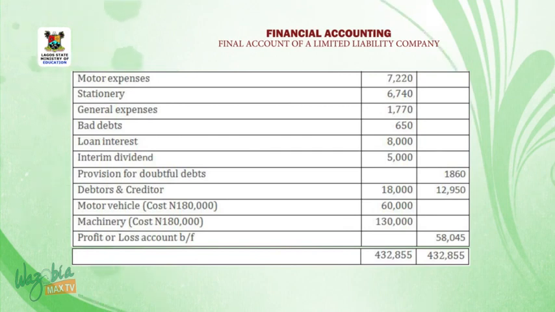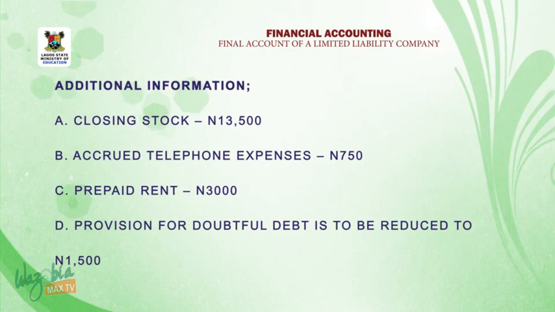You take it to the credit column. Add every item on our credit column together. You get 432,855. You do the same thing to all items on our debit column. You get 432,855.